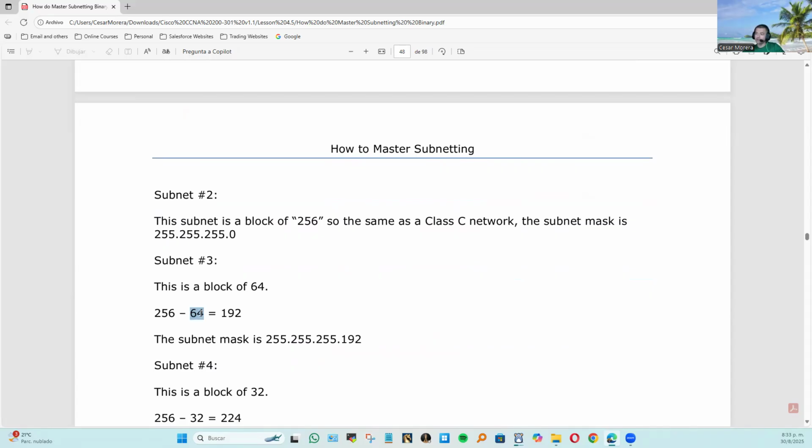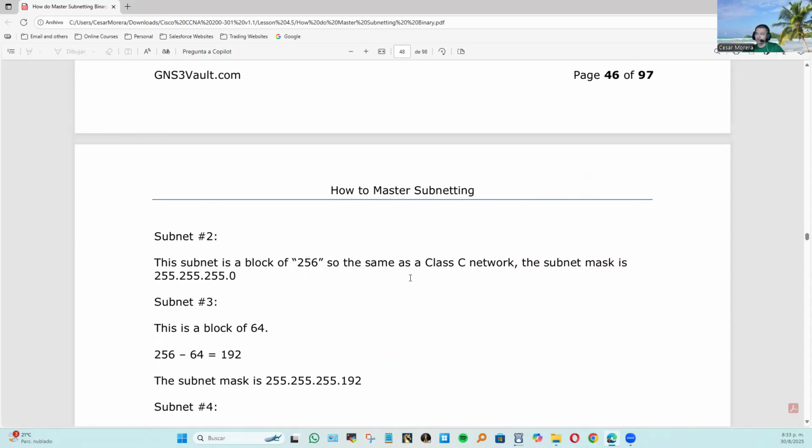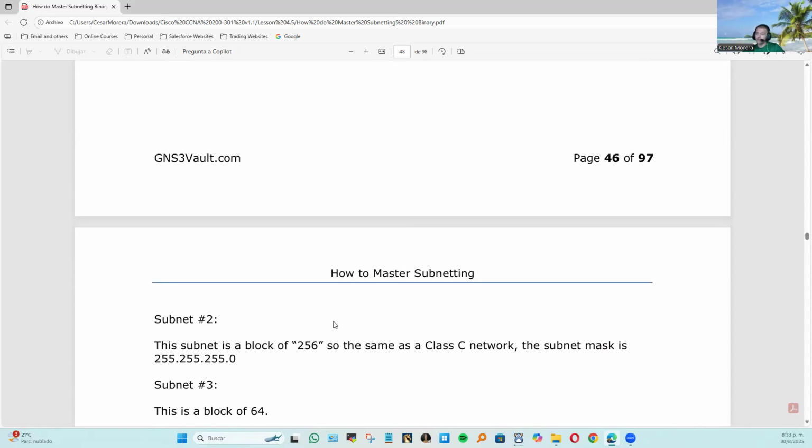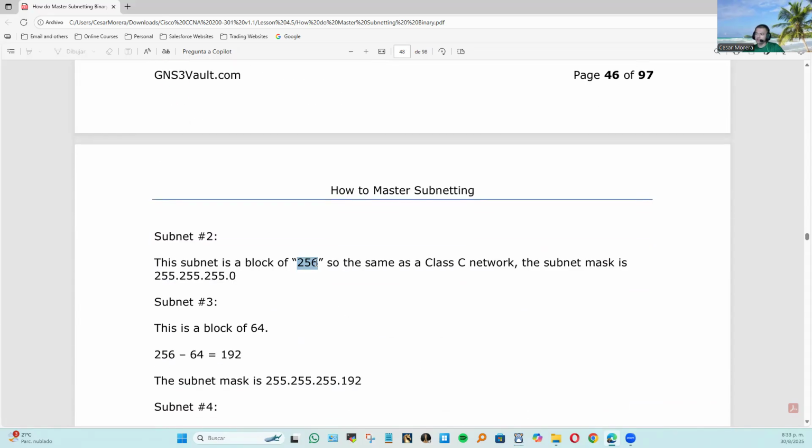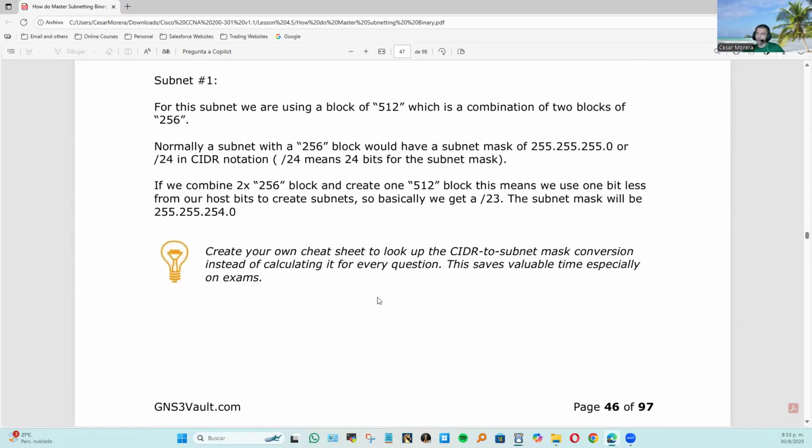Starting from this point, you can do the next subnet. You are using 64. The next block is 64. So right now you can use the magic number and this one will work. For the second one, let's see what happened. 56. So it is basically the same. The subnet mask is 255.255.255.0.